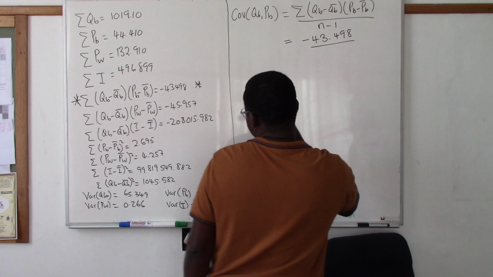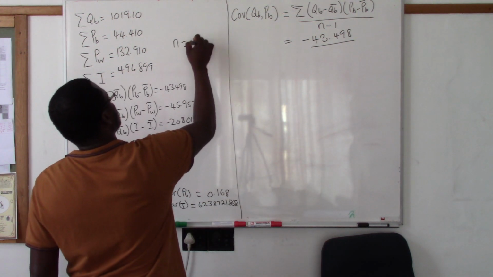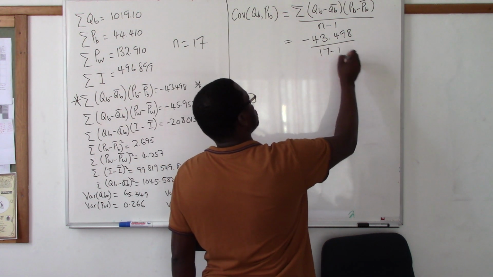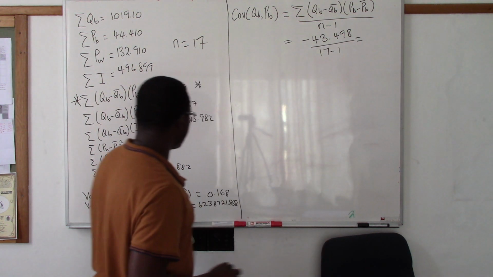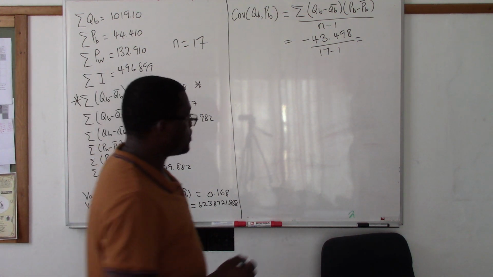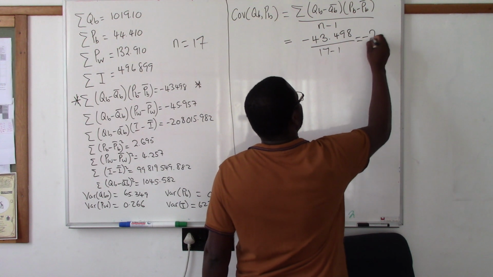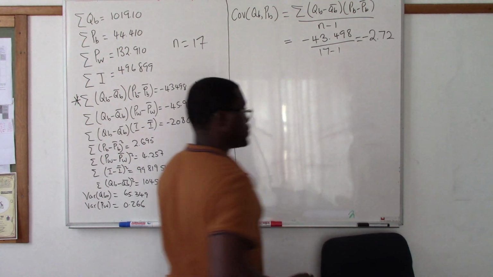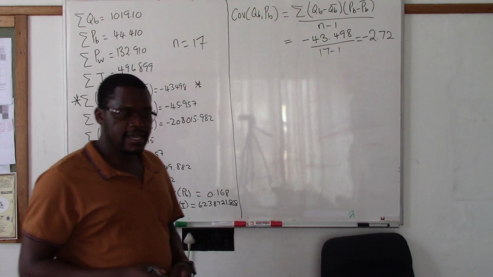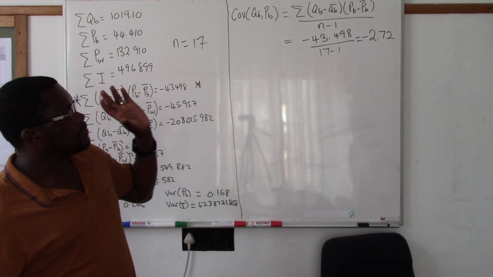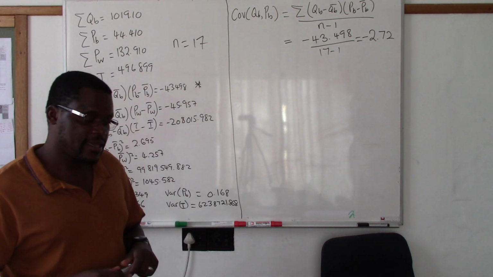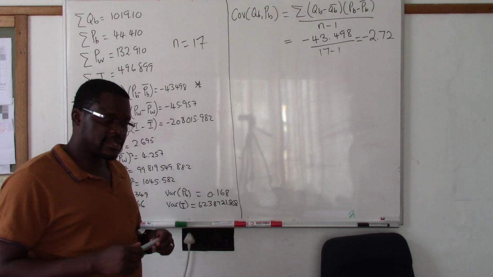Our sample size was n equal to 17, so that's 17 minus 1. The answer you will get here should be minus 2.72. Now, it is clear from this number that price of beer and quantity demanded for beer have a negative linear association.